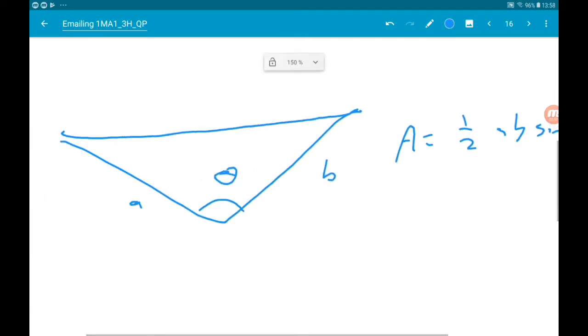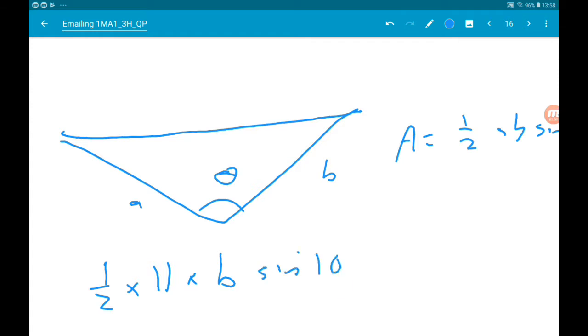So, we then know that 1/2 times 11 times B sine of 105 is equal to 56.